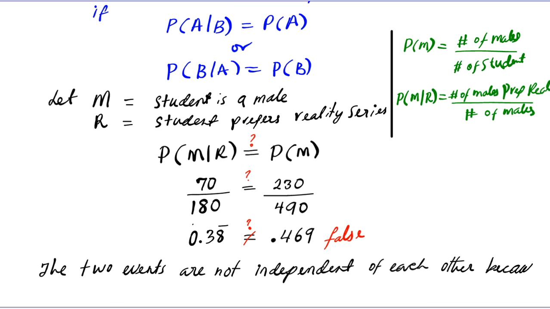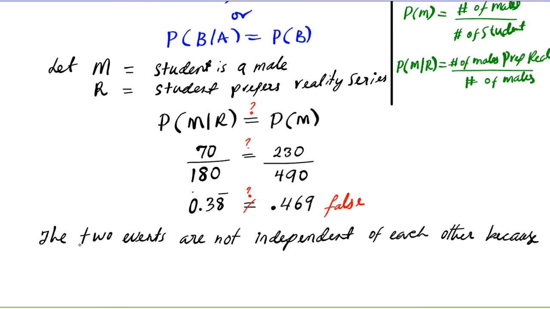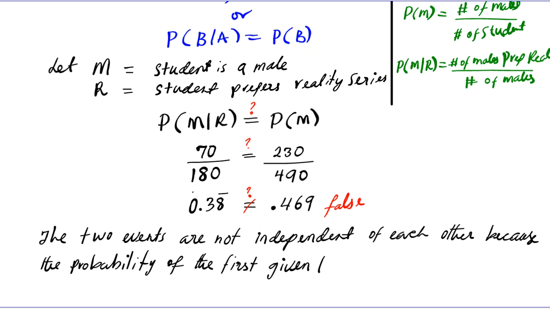Because the probability of the first given the second, basically the probability of males given that they prefer reality series, is not equal to the probability of the first.